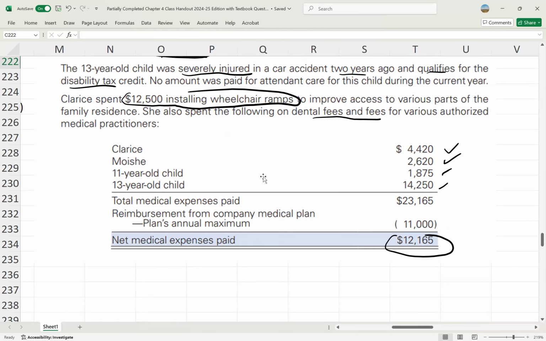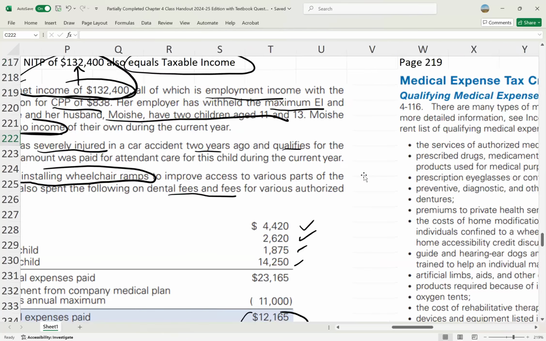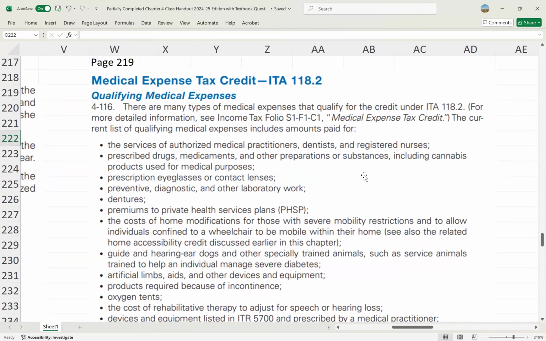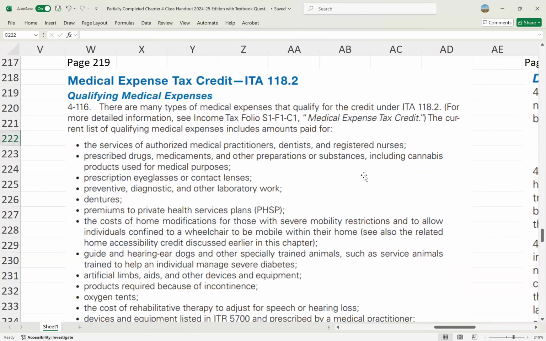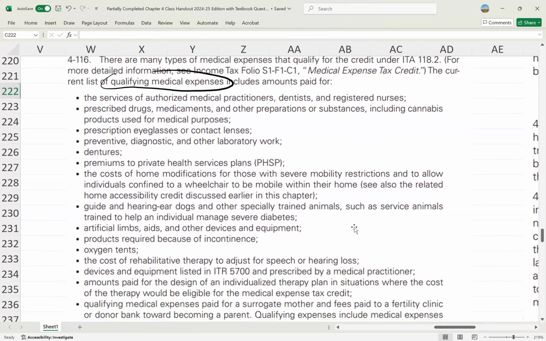So that's the problem. Now, in terms of what expenses are eligible, in your textbook on page 219, they talk about this list here of qualifying medical expenses. Now, this is not an exhaustive list, but it gives you some idea of things that would qualify. Now, we scroll further down.